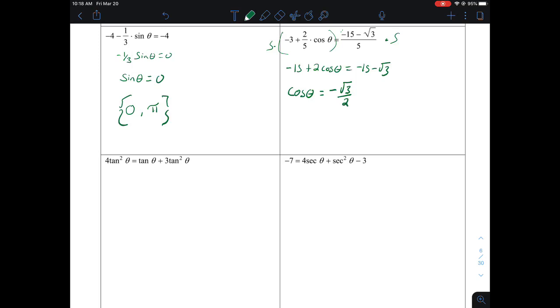Well, cosine being the x value can only be negative in quadrants 2 and 3. And cosine has square root of 3 over 2 as its value in the pi over 6's. So the pi over 6's in quadrants 2 and 3 are going to be 5 pi over 6 and 7 pi over 6. Those are my answers.